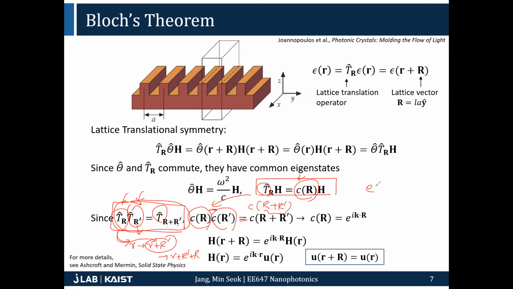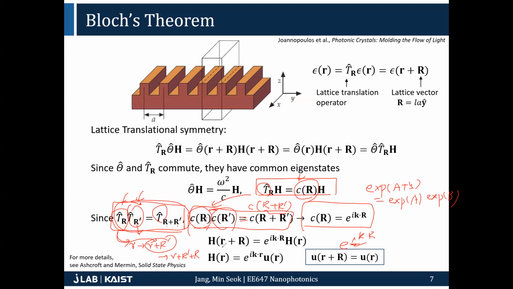Exponential of A plus B is exponential A times exponential B. So if some function has this property, we can say that this function is exponential. And if it's exponential, there's no problem writing it as e to the i k dot R. Somebody may question why i. Well, there's no need for i, but there's nothing preventing us from having i here, so we just set it because it's convenient.